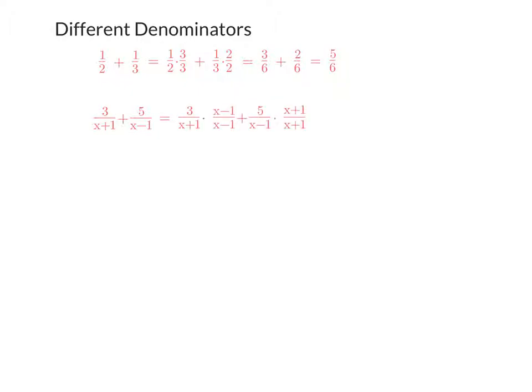So now we simply take the first expression and multiply it by x minus 1 over x minus 1, and the second expression and multiply it by x plus 1 over x plus 1, to give us a common denominator of x plus 1 times x minus 1. So now we can combine the numerators and come up with our final answer. And that answer is 8x plus 2 over x plus 1 times x minus 1.